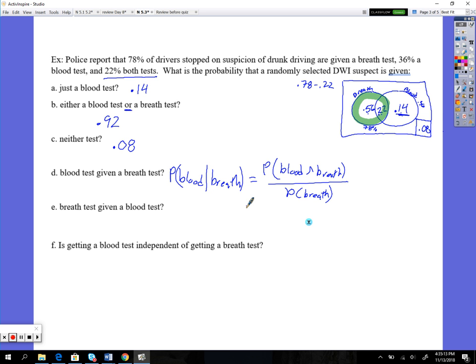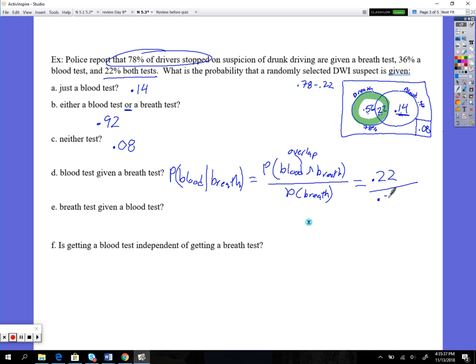Now when I fill in these circles, this section here is always the overlap, that little middle section. So that's going to be 0.22. And here, a common mistake is when I say probability of breath test, a lot of people look up to their Venn diagram and go, oh, it's 0.56. But it's not. You need to remember that the probability of a breath test is 78%.